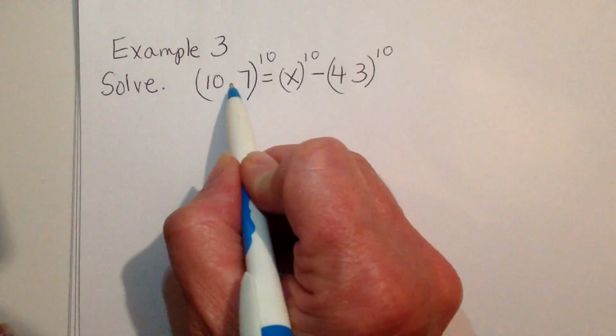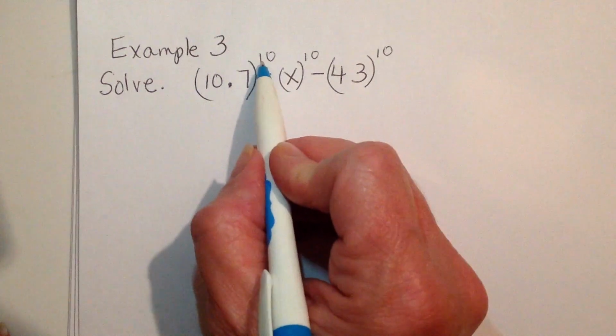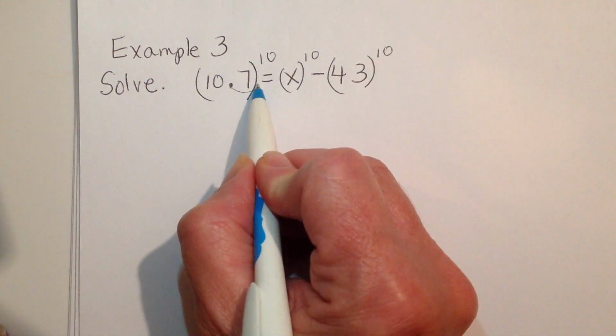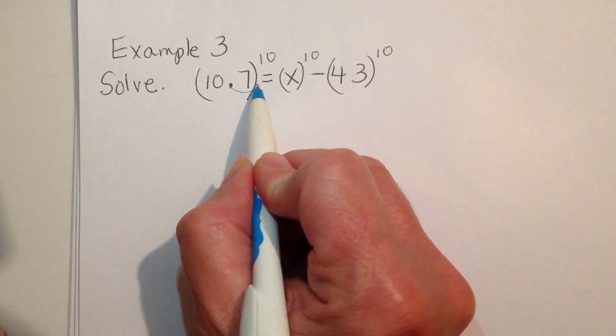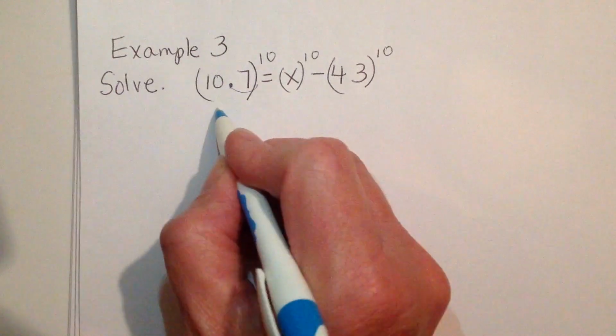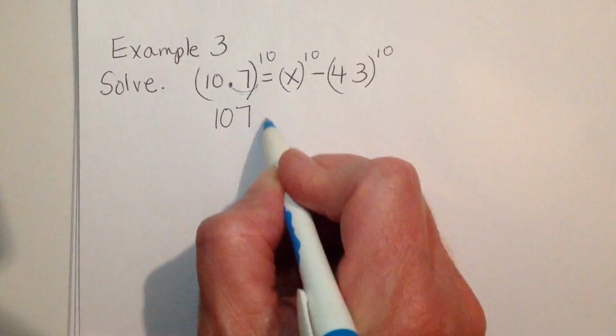If you notice, this number has one decimal place. By multiplying a number by 10, it moves the decimal one place to the right. So if you have 10.7 times 10, you actually just get 107. It moves the decimal to the right 1.